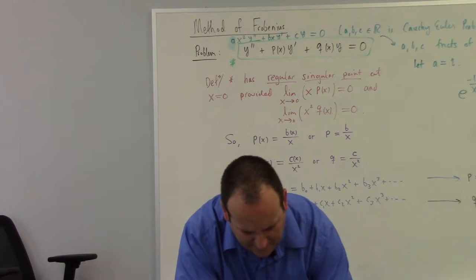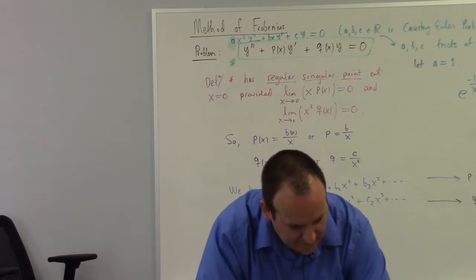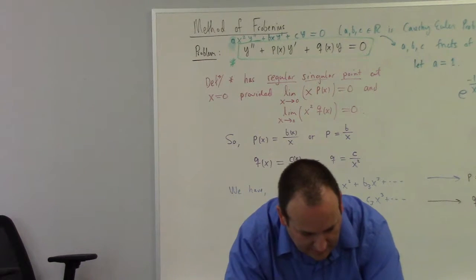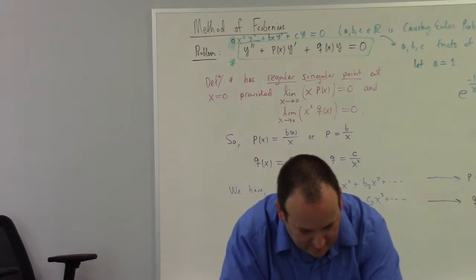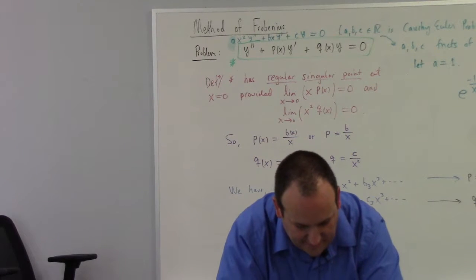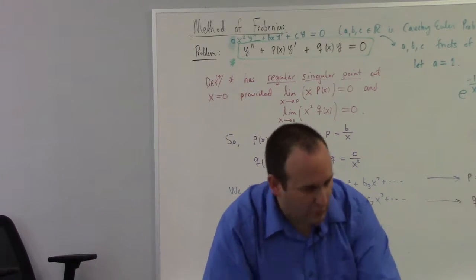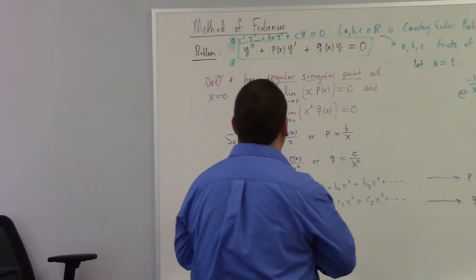It's been a while since I wrote this. Let me see if I'm missing any. This is definition 3 on page 462 of your book. A singular point x naught is said to be a regular singular point if both x minus x naught times p of x and x minus x naught squared times q of x are analytic at x naught. Oh, fine. I guess I've said it wrong.